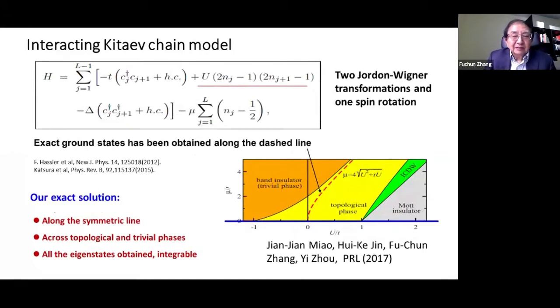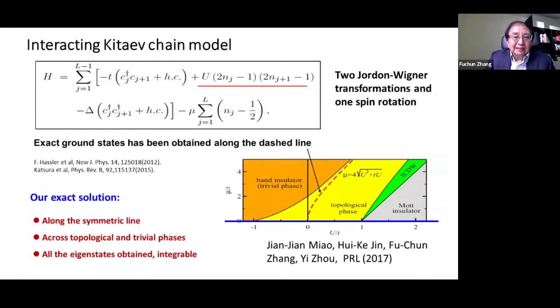It's natural to ask whether the Kitaev chain and the Majorana zero mode are stable. That model can be solved numerically.